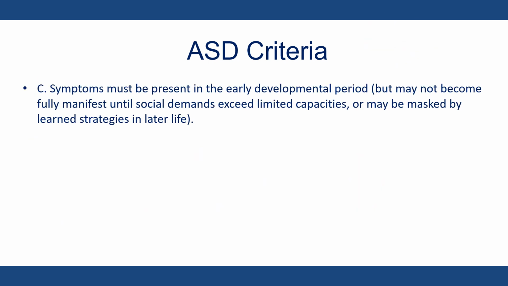All right, and then criterion C is that these symptoms must be present in the early developmental period, but may not become fully manifest until social demands exceed capacities. We talked about that. So in other words, the symptoms have to be present in early development, however, they may not have an impact on that individual later on in life, and that's fine, that's acceptable.